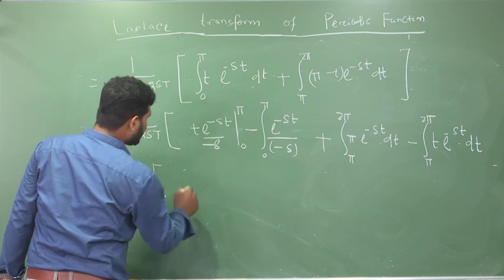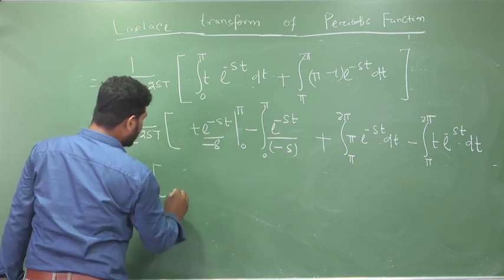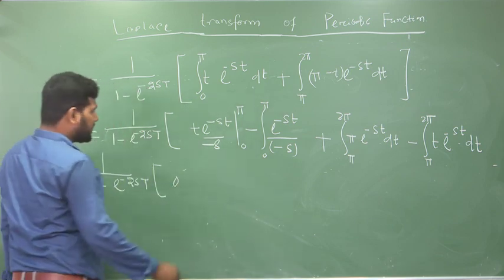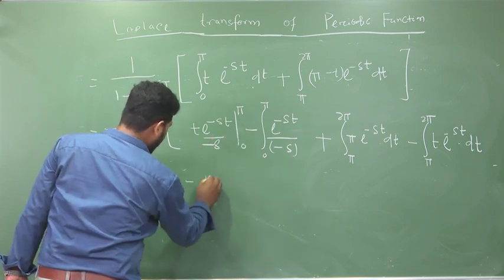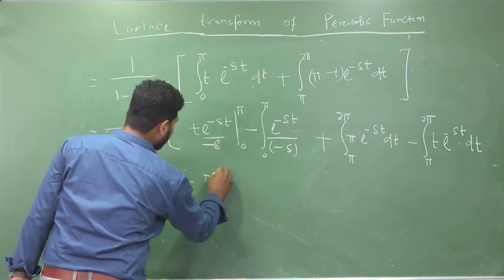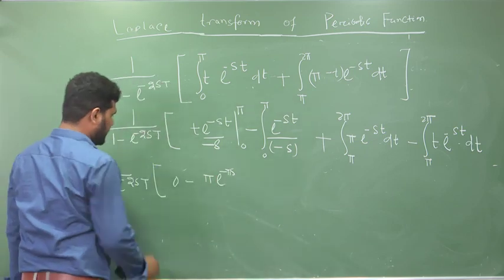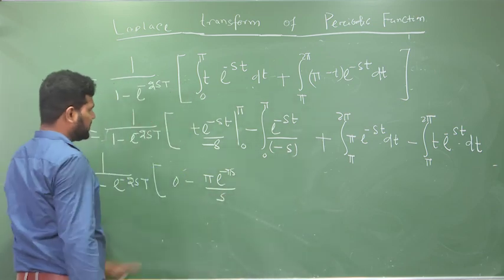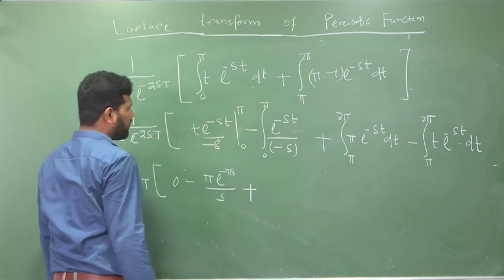Now you notice a minus is there, that is why I am choosing the lower limit first. If I choose the lower limit, the term becomes 0. Now minus the upper limit, pi e power minus pi s, divided by s. Done. This minus and that minus become plus.